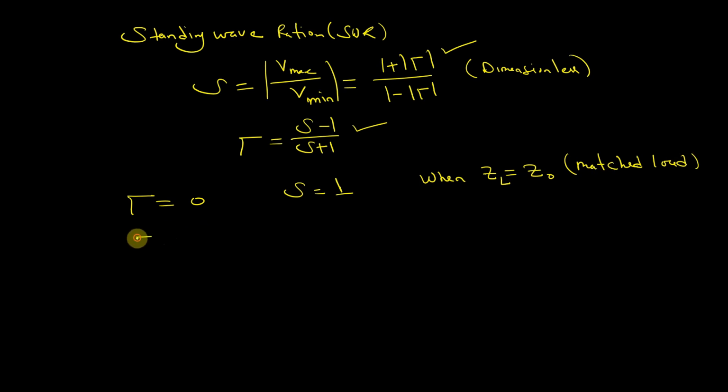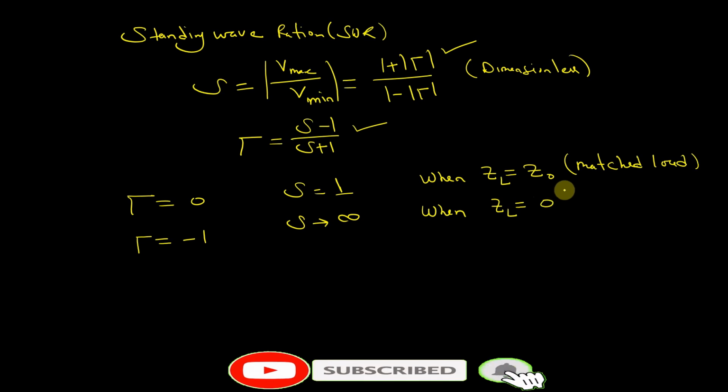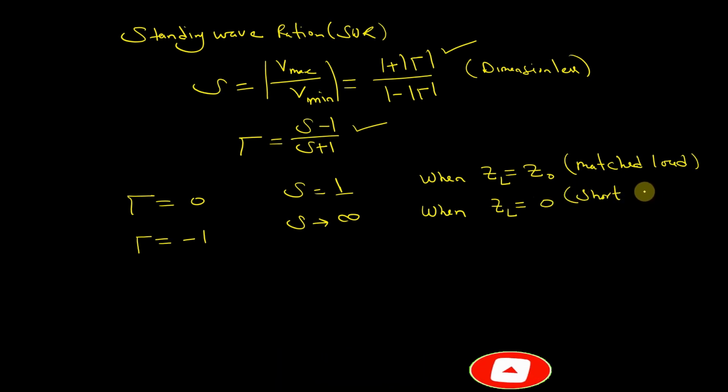When gamma is equal to minus 1, S approaches infinity. This condition happens when Z_L is equal to 0, a short circuit.